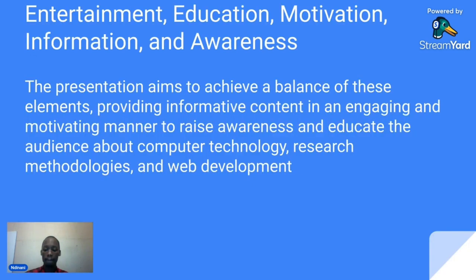Entertainment, education, motivation, information, and awareness. The presentation aims to achieve a balance of these elements, providing informative content in an engaging and motivating manner to arouse awareness and educate the audience about computer technology, research methodologies, and web development. That will be it for me.